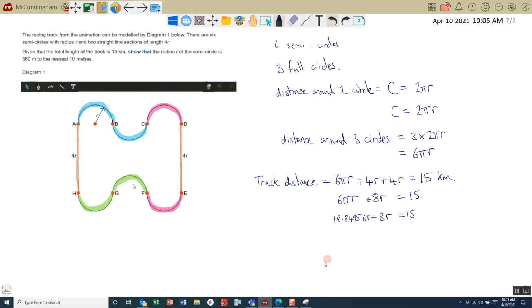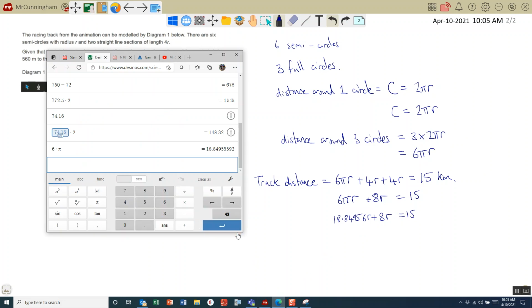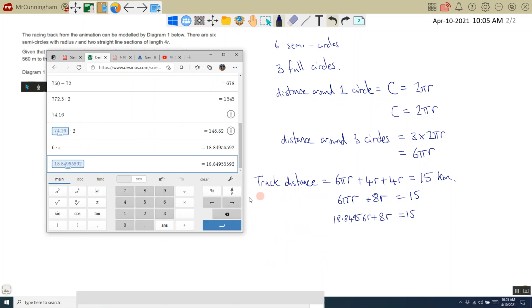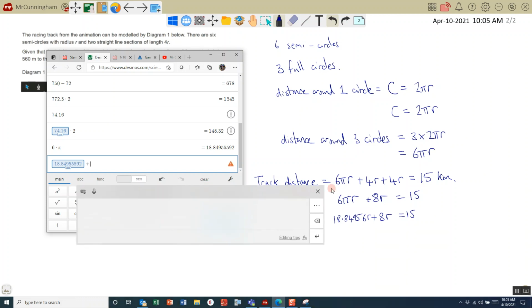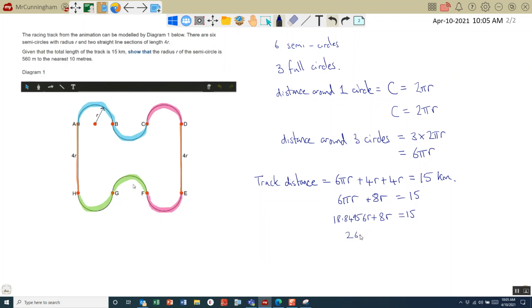This equals 15. So I want my answer plus 8. So it's 26.84956. And that's r is equal to 15.